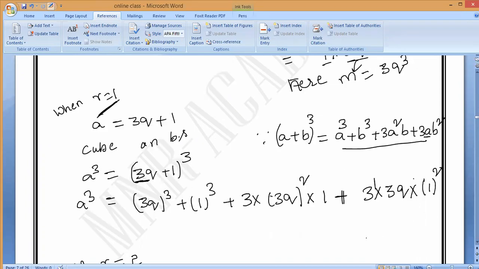What is (3q) whole cube? It is 27q cube. Plus 1 cube is 1.